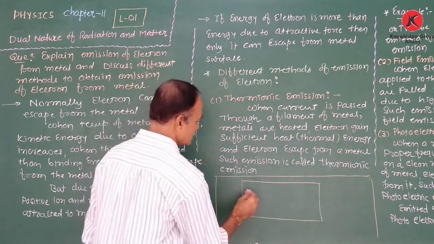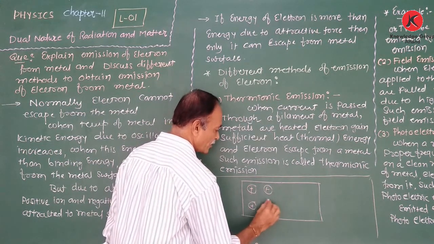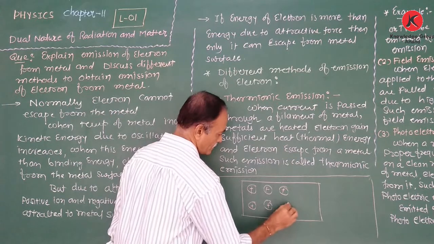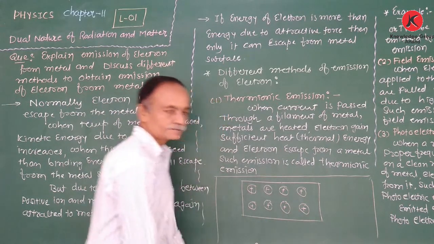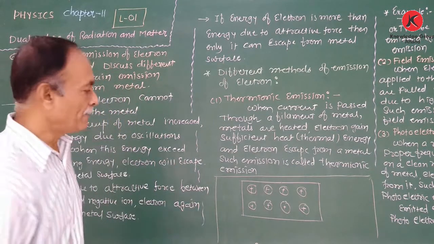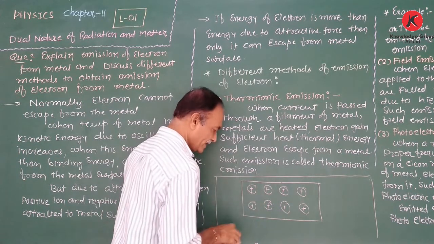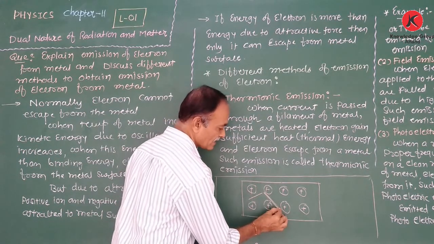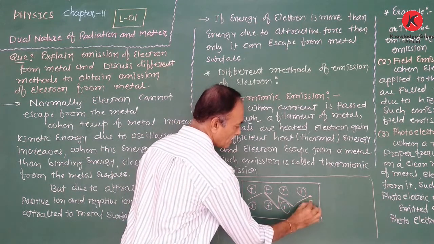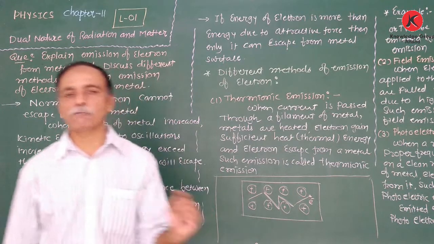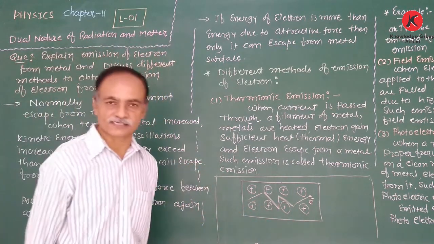Positive ions are fixed at their lattice points and form a geometric pattern, while the electrons are free to move within this metal. Therefore, the electron performs a zigzag path. The path of an electron is not stationary. Already we discussed this in chapter 3.